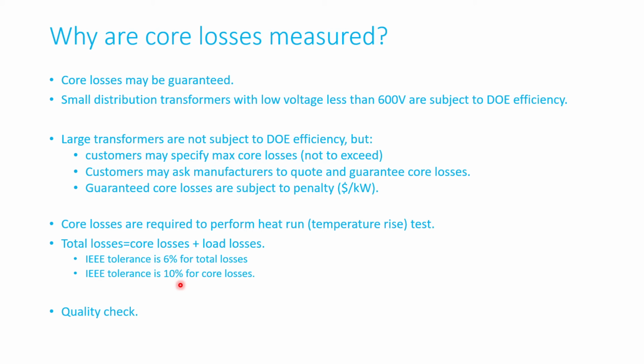So it can catch workmanship issues, also material problems too. Like I was saying, if the core material comes from the core manufacturer with some kind of damage, it will be caught during testing.